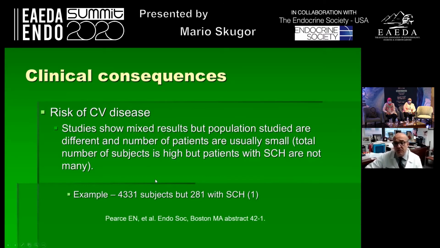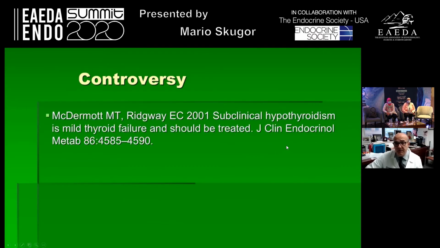For example, in one study done in the United States, there were 4,300 patients in the whole study, but only 281 of them had subclinical hypothyroidism. So it's very hard to decide whether there is real cardiovascular risk over a long time. That's why the results vary. Some studies show increased risk, some not. There's some controversy in this field.